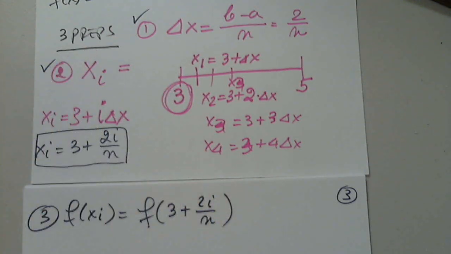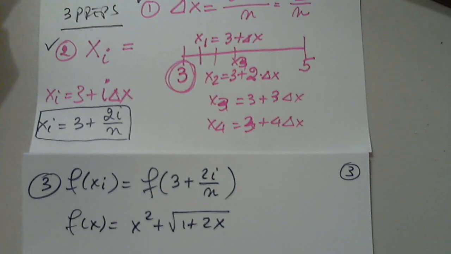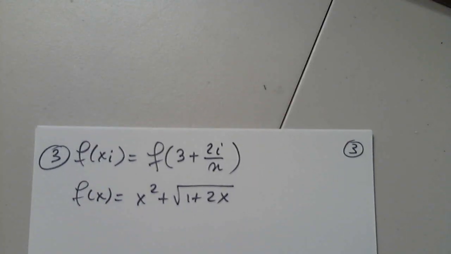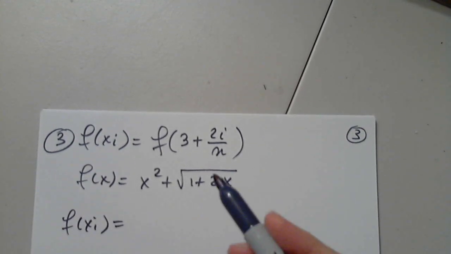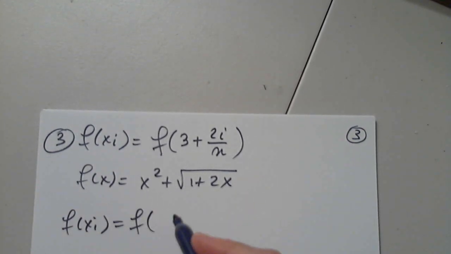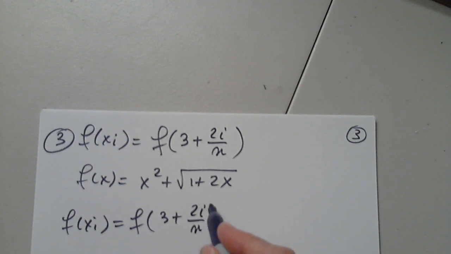I'm going to copy the function again here just to have it on this page. x squared plus the square root of 1 plus 2x. And f of xi is, again, f of 3 plus 2i over n.